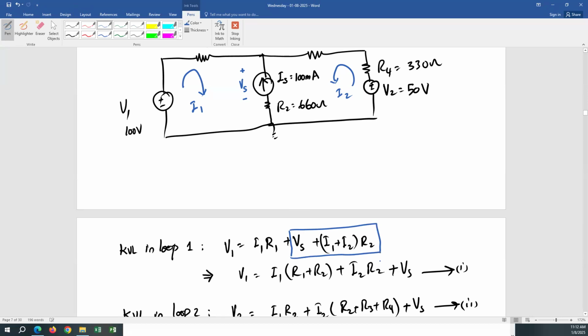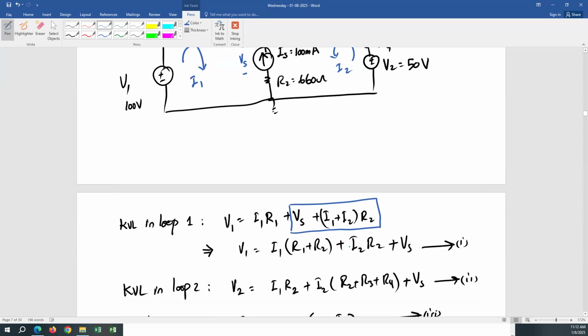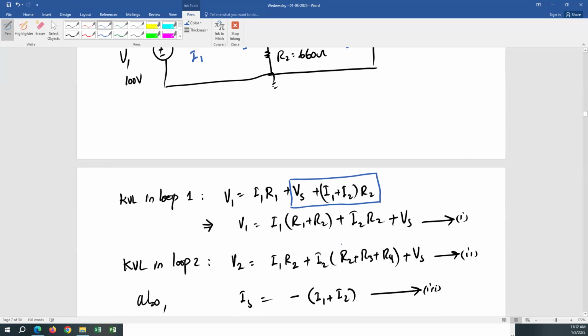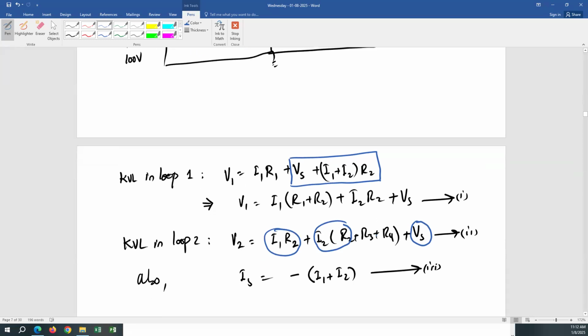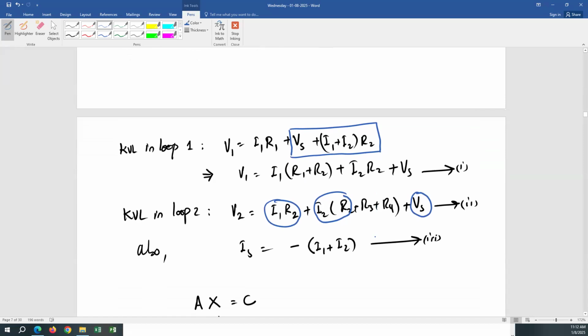You have this in equation number 1. And if you look at equation number 2, you have Vs plus I1 R2 plus I2 R2. This is common in both equations, right? And that's what supermesh does basically.